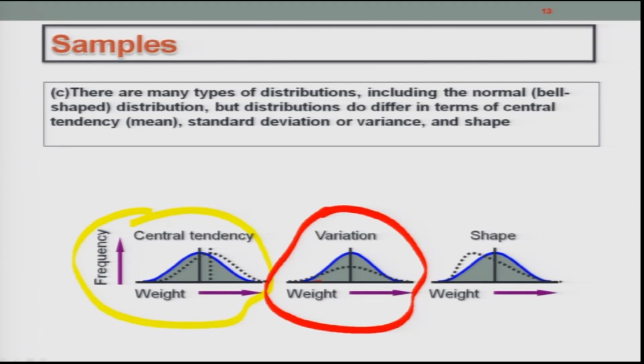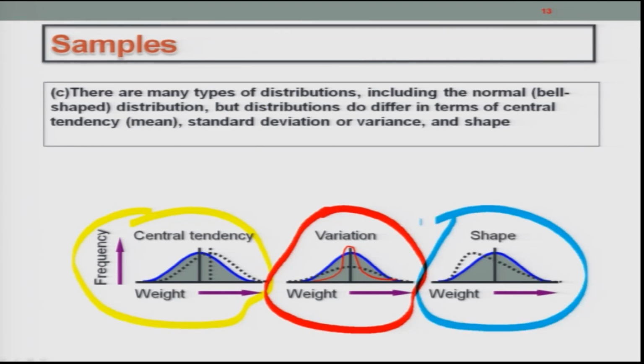So, this blue line would now become, so this is the normal distribution which you have. Then if I am going for the change of the shape, it means that the overall tilt of the normal distribution would either shift to the left or to the right.